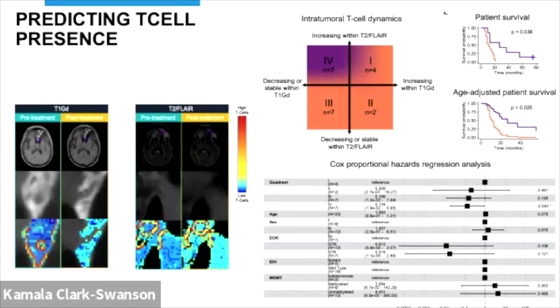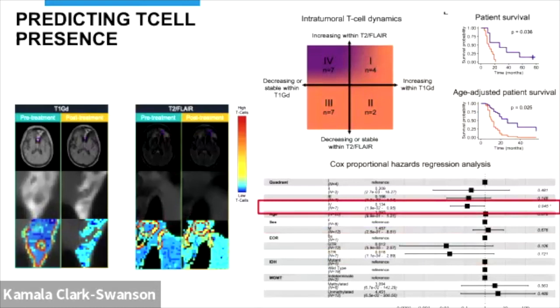So what we were wondering is, if it goes up or down in the T1 GAD, or up or down in the T2, what do we see? And what we found was that if you think about that quadrant over there, if you are in the situation where your T cell population was predicted to go down or be stable in the T1 GAD, but go up in the T2 FLAIR, then we were actually seeing a differentiation in the survival of the patients of those two cohorts, if you were in that quadrant or if you were not.